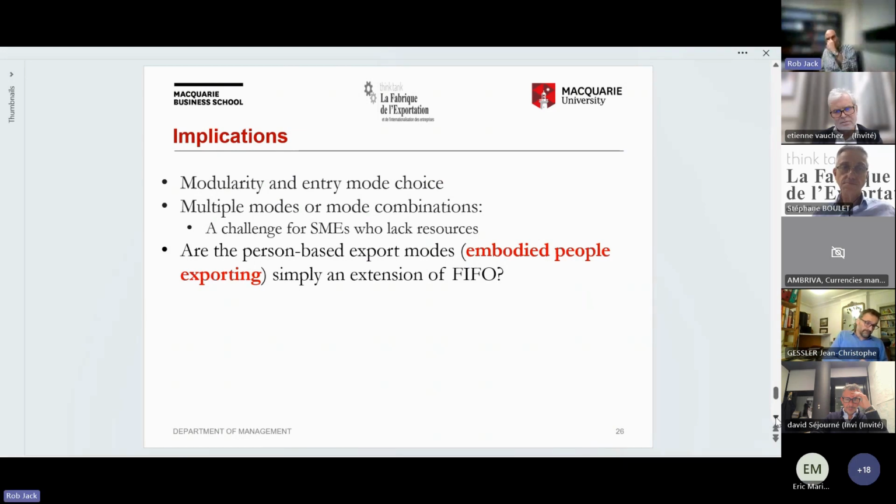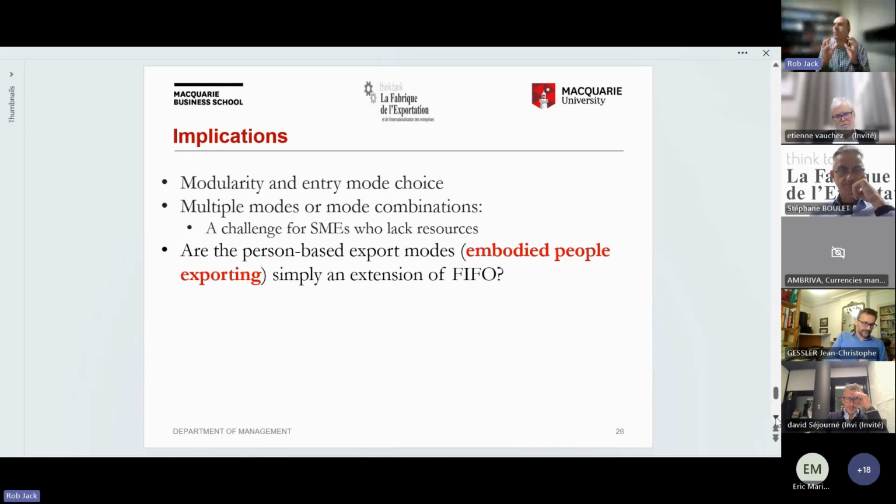And I'm putting just the question here. I've had this asked before, is this just another way of fly in, fly out? Well, these firms are saying, no, it's not. Fly in, fly out for them is really when they might meet with the client for the first time. They might be wanting to build a relationship with the client.